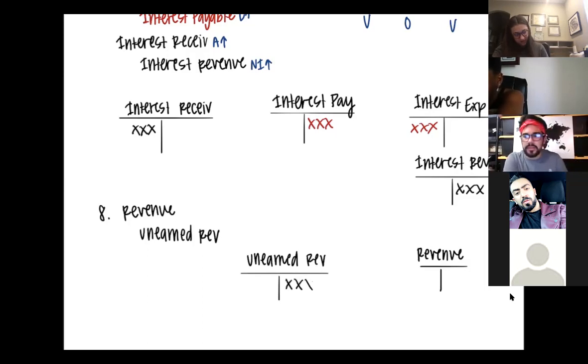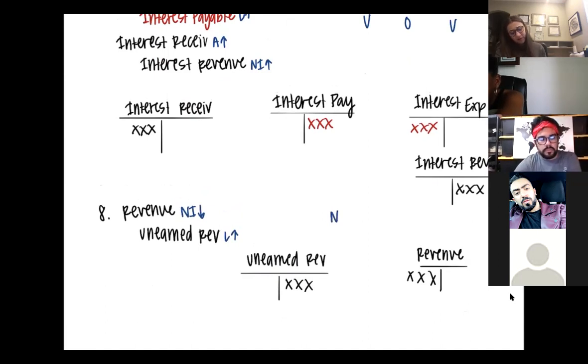It should be increasing their liability and lowering their revenue. Okay, so when you debit revenue, it lowers your net income because it has a normal credit balance. And then when you credit unearned revenue, it increases your liability. So in terms of the answer, nothing happens to our assets in this case.